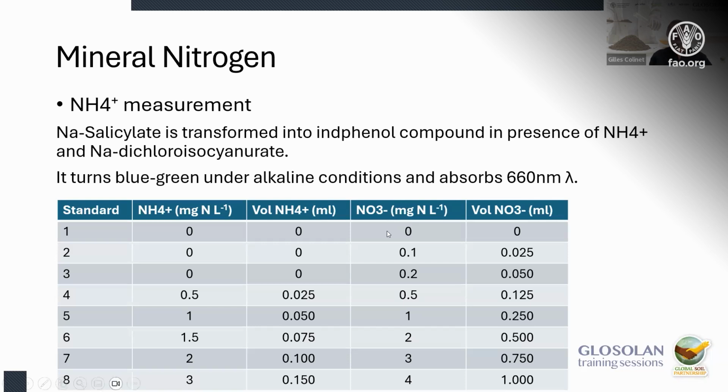And so we have, of course, we make standards. This is just here to give you the level of concentration we have in our standards.